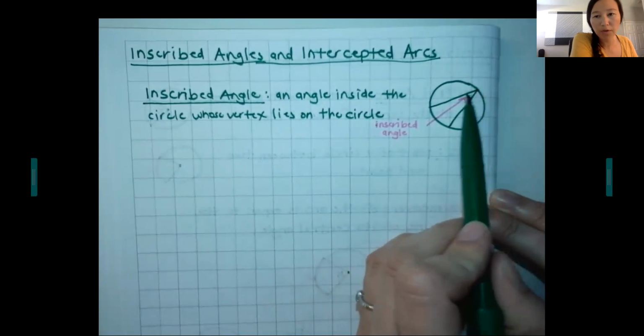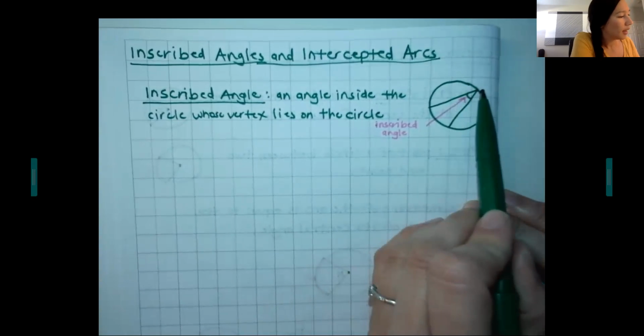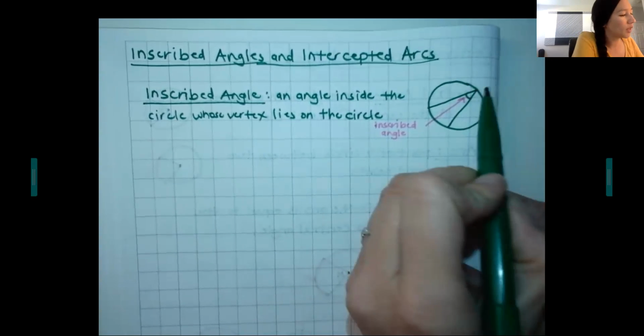So before, remember, it was at the center of the circle. An inscribed angle is actually on the circle.